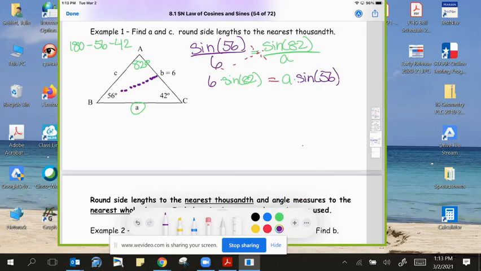Then to solve this for A, we'll divide by sine 56 on both sides. That gets A by itself.